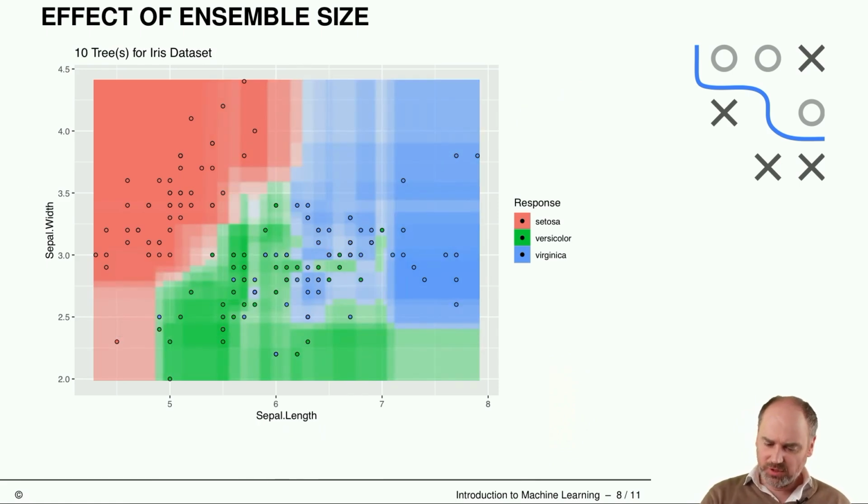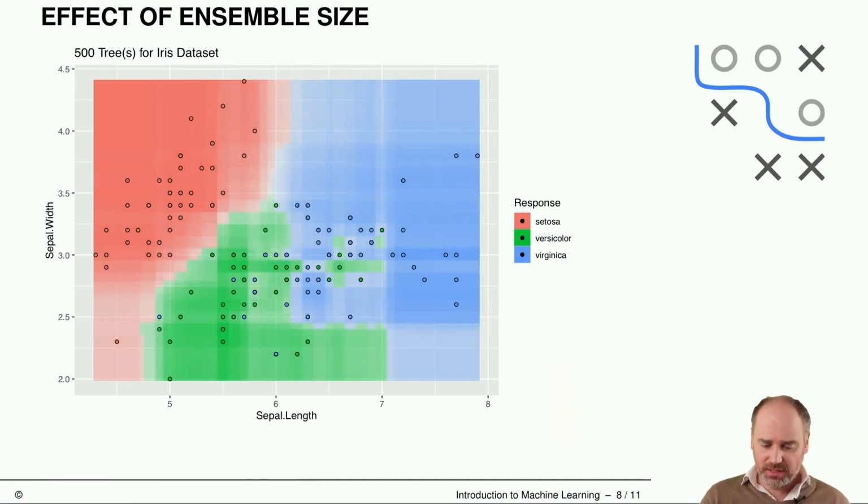And now what happens if we use 10 trees? We see the response surface becomes smoother. And here is 500 trees, which would be the default in most of the implementations I know in R. You can see something else which is quite interesting: the decision boundaries between classes have become fairly smooth, fairly appropriate.